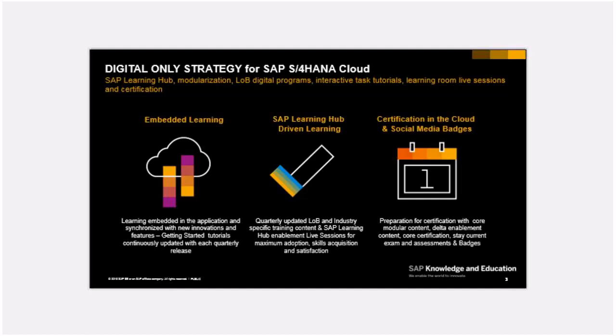Just this year in January, last month, we introduced a concept called social media badges. Those are sort of badges that you can use to inform others of your credentials with S/4HANA Cloud, as well as other SAP technology areas and offerings.